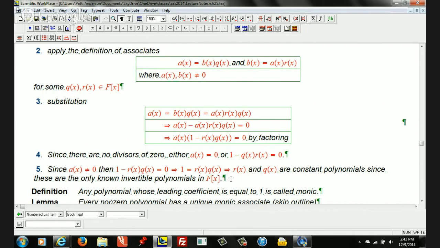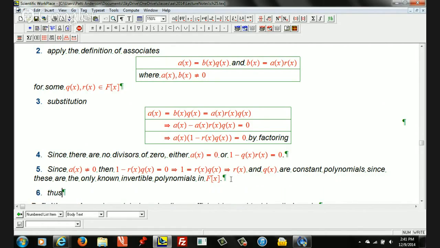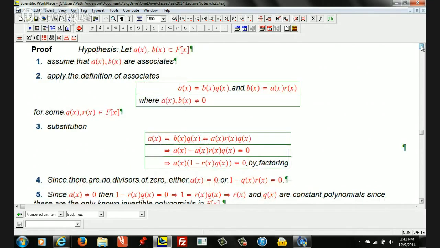That tells us that A of X is a constant multiple of B of X. And similarly, they are constant multiples of each other, which is exactly what we were trying to show.